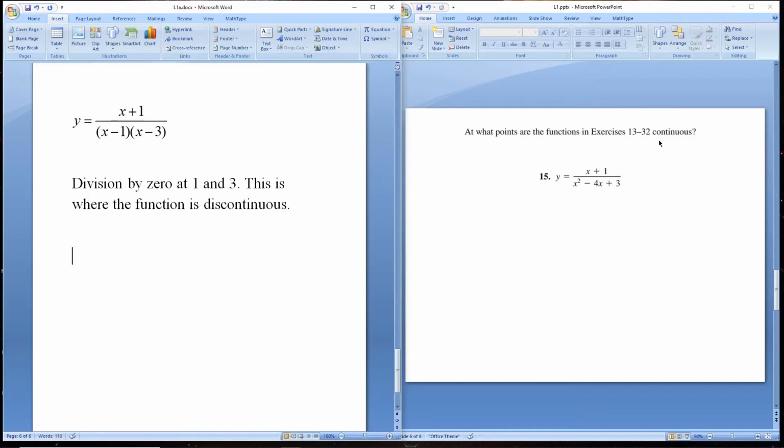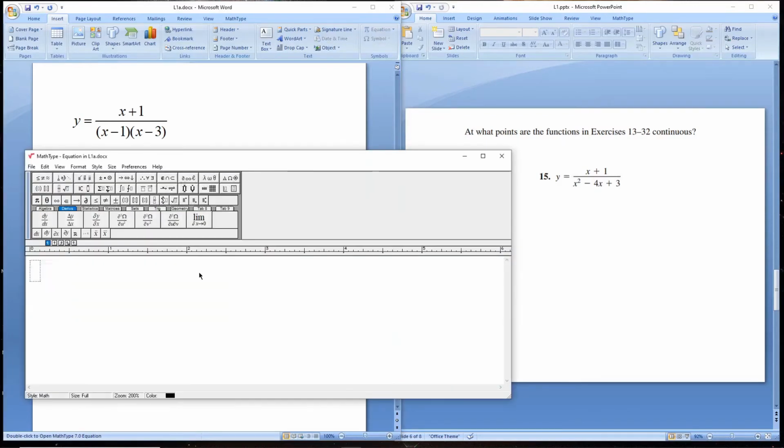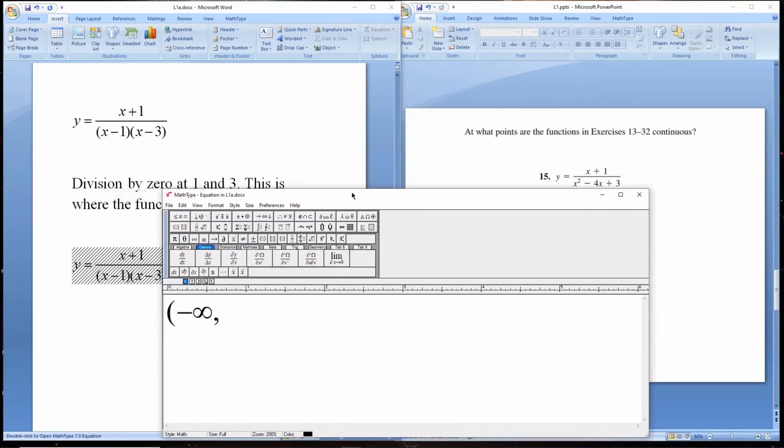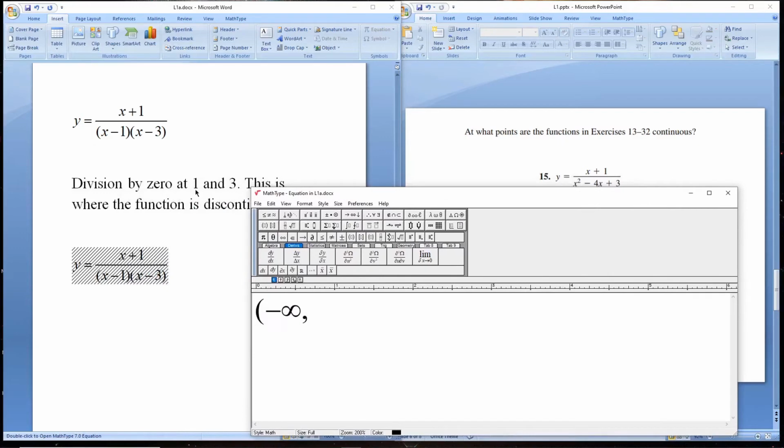Now they do want to know where it is continuous, and MyMathLab is most likely going to want that in interval notation. So this is continuous from minus infinity all the way up to 1, because it's discontinuous there. And then we're going to have to use the union symbol here.